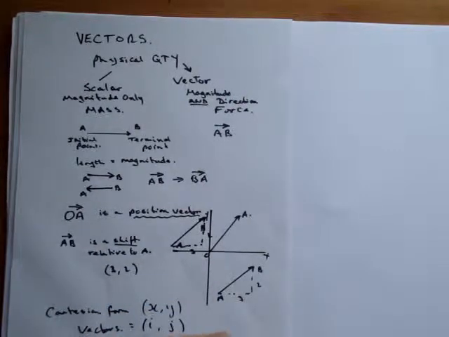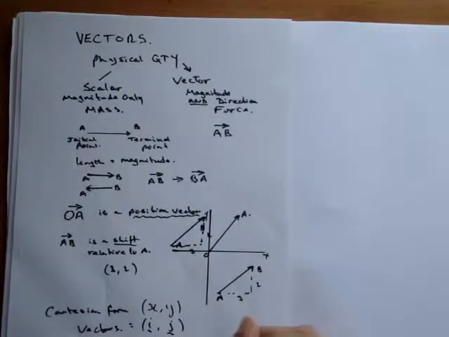So AB is 3i plus 2j, and in column form we write that as (3, 2).